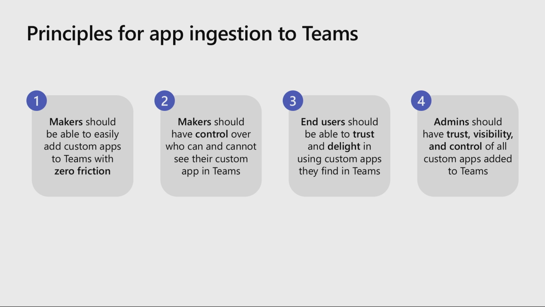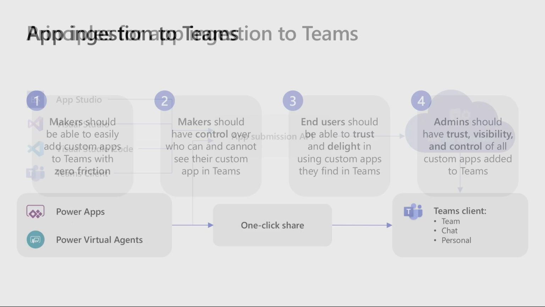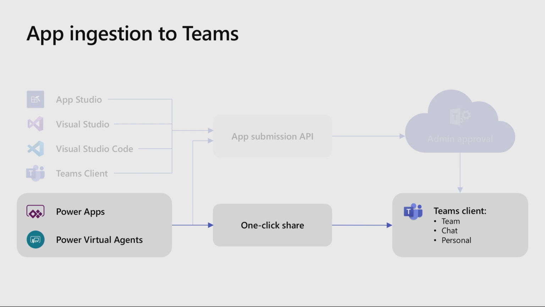And for that reason, we don't quite meet our goals for all of those principles with that API. We think we can further reduce friction and give more discoverability tools on certain platforms that IT already trusts. And to that end, I want to talk next about our new one-click sharing features from the Power Platform team into the Teams client.